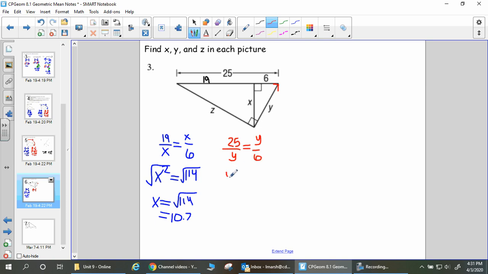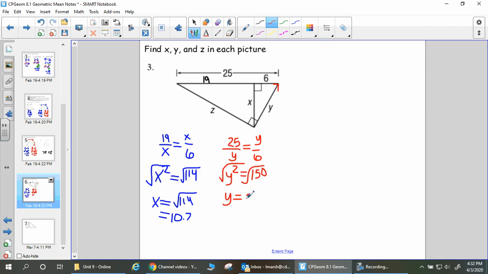So if I cross multiply, my Y squared, 25 times 6, is going to be 150. I'm going to square root both sides. And so Y, again, take your 150, break it down with a factor tree.